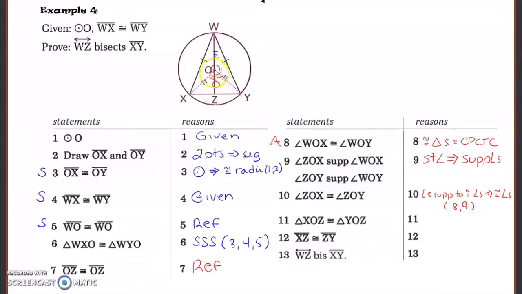And now, by side angle side, our first side is here. There's our angle, and there's our other side. We can say those two triangles are congruent. The lines 3, 8, and 7.